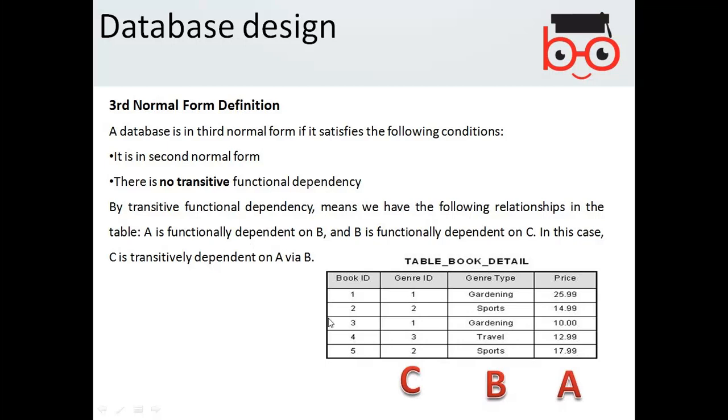In this case, C is transitively dependent on A via B. So genre ID has a price on this. This shouldn't be the case, that one item is dependent on another item and they are transitively dependent on a third item. Now let us see how it is solved here.